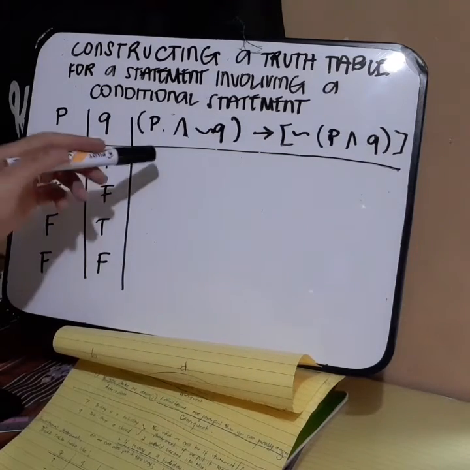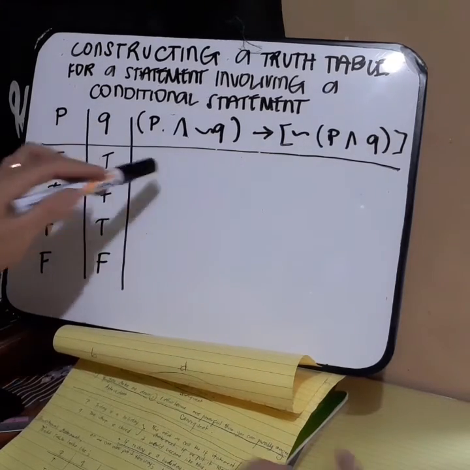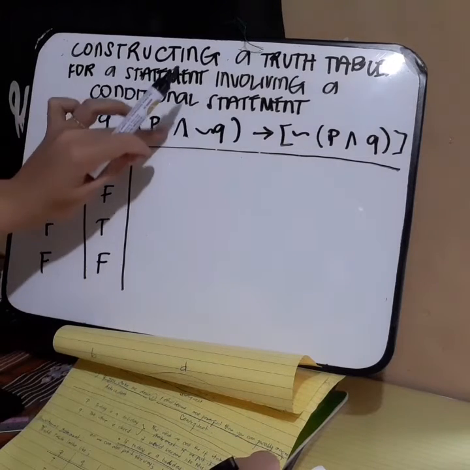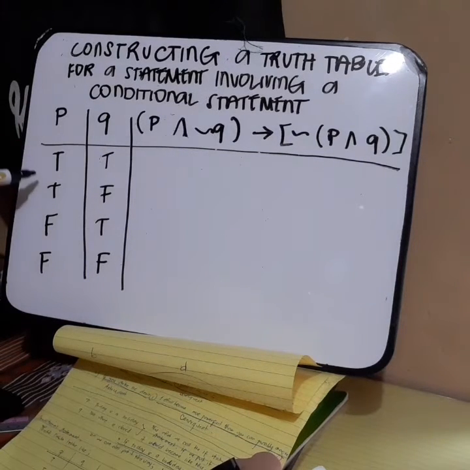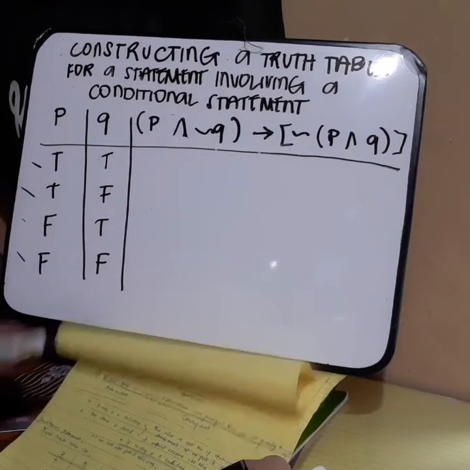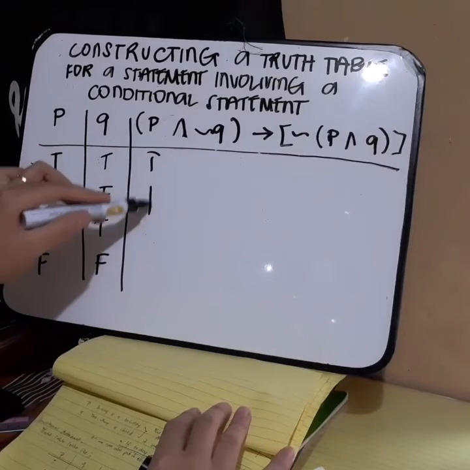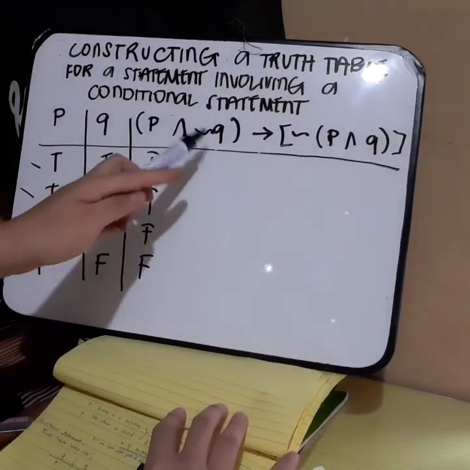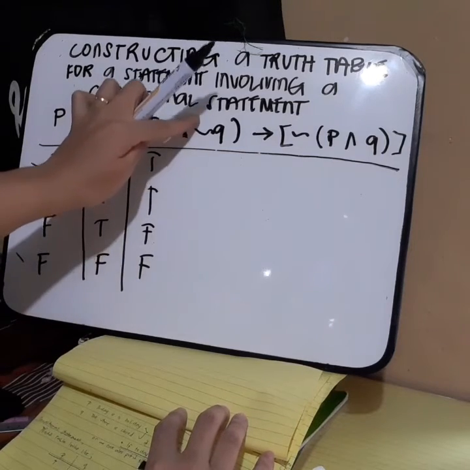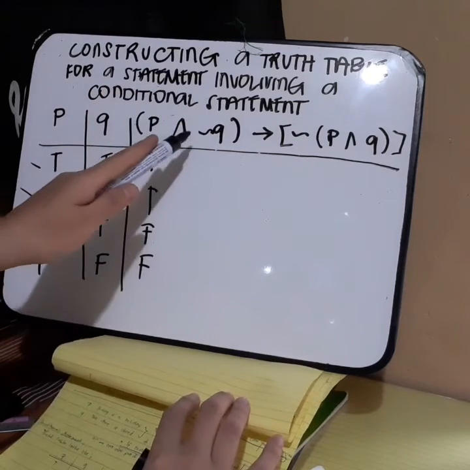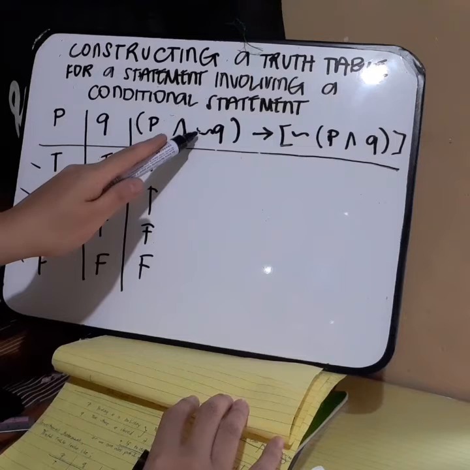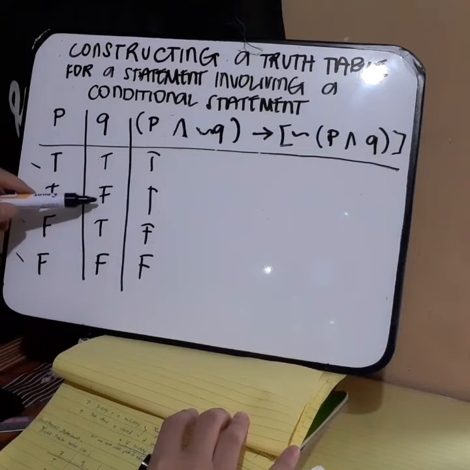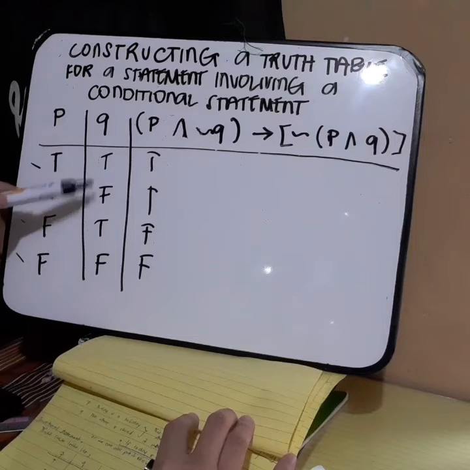So, unahin muna natin itong dito na part. So, P. Pagka yung P, wala naman siyang iba, kokopyahin lang natin itong nandito: true, true, false, false. Now, if not Q, kapag may nakita kayong ganitong sign na parang S na nakahiga, tawag dyan, not Q. Gagawin nyo, kasi ito yung Q, true, false, babaliktarin nyo lang sila.